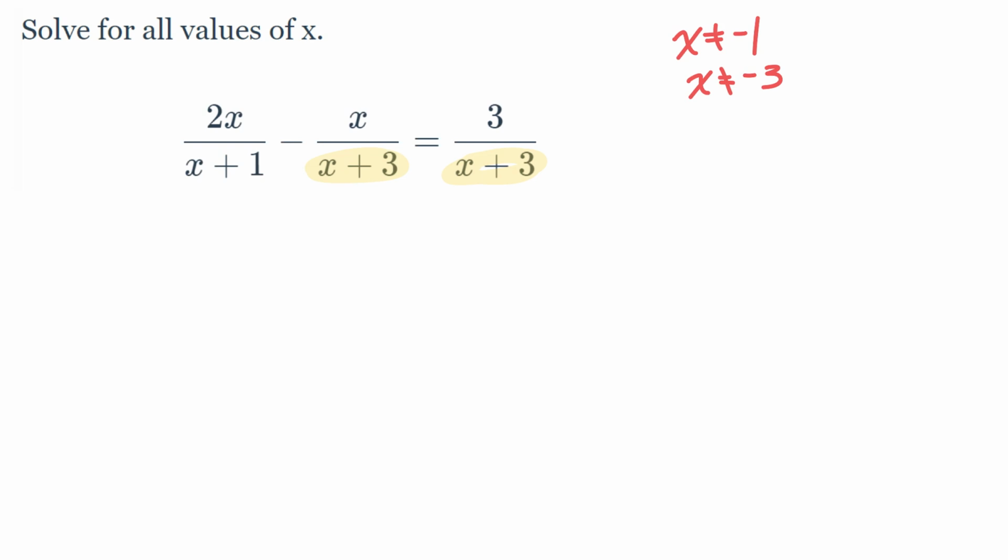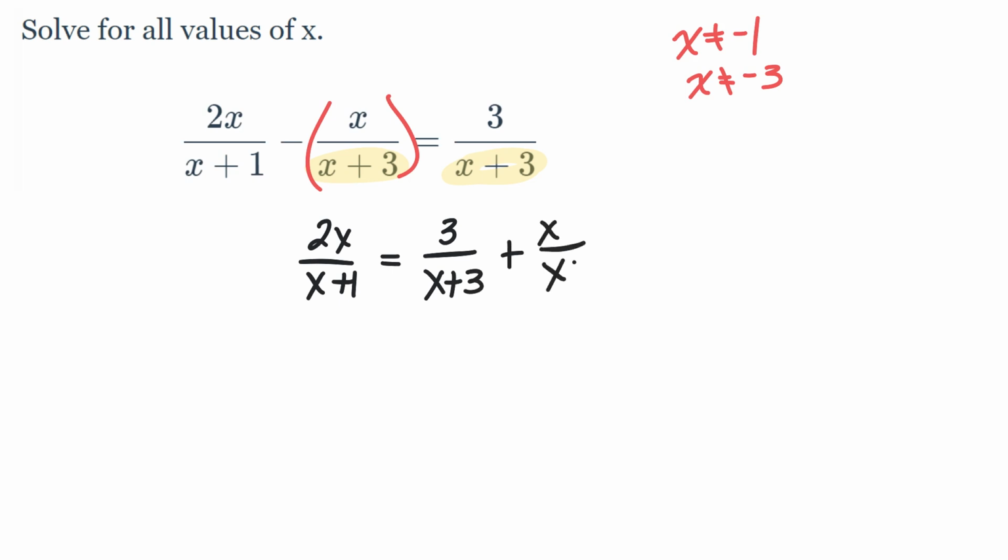So just like on the last example, what I'm going to do is I'm going to move this over, and since there's a minus sign, I can add this over. So here's a rewrite with moving that to the other side. Would be 3x plus 3 plus x over x plus 3. And we have a common denominator, and here's the interesting thing that happens here.